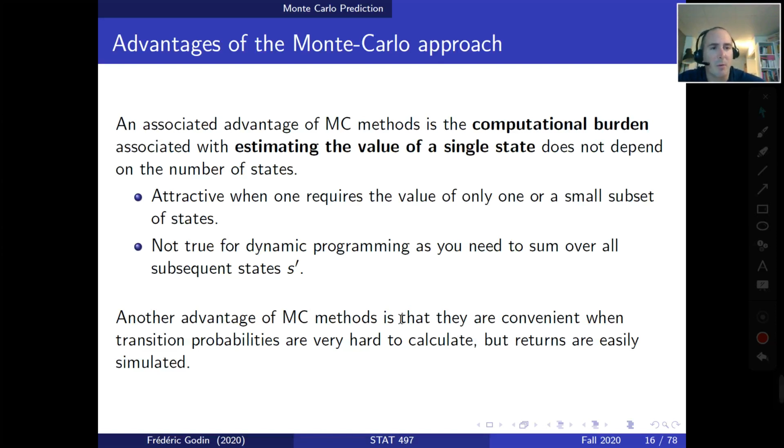An example you might consider, which is in one of the assignments, is blackjack.